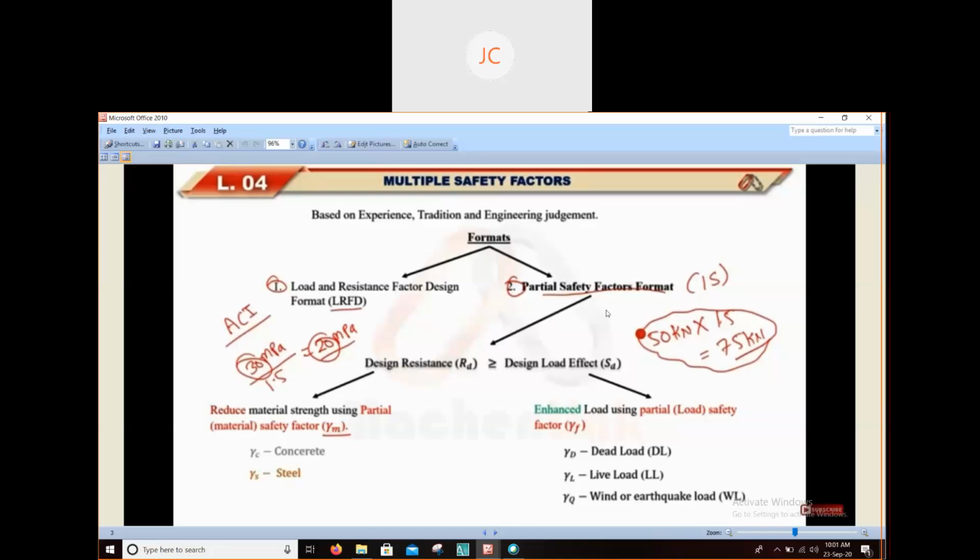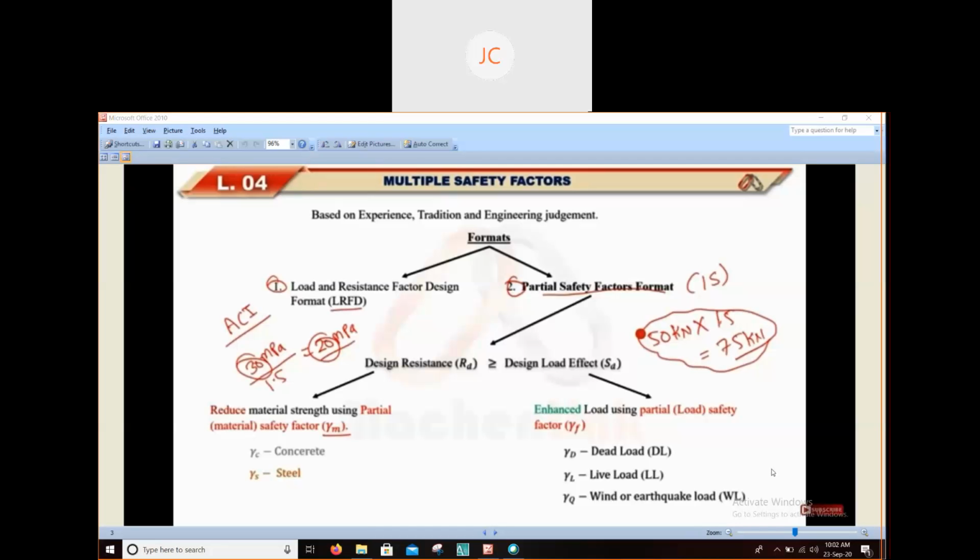In buildings also, every beam will have a definite amount of capacity, that means it can carry only a definite amount of load. How much it can carry, we have to calculate before constructing the beam.